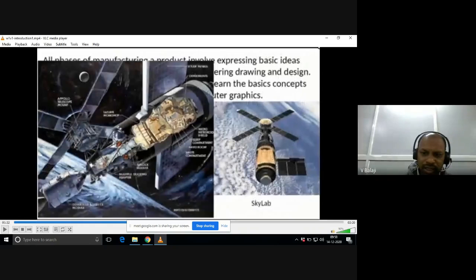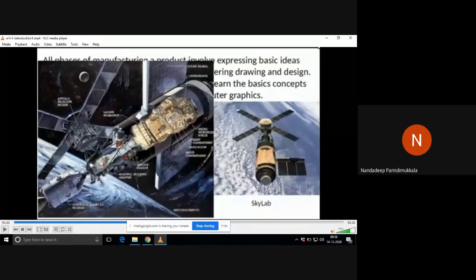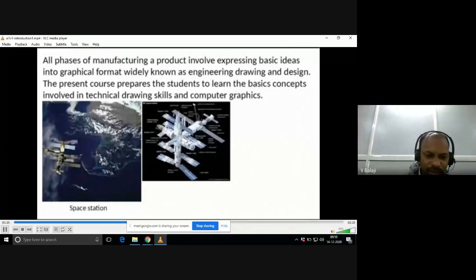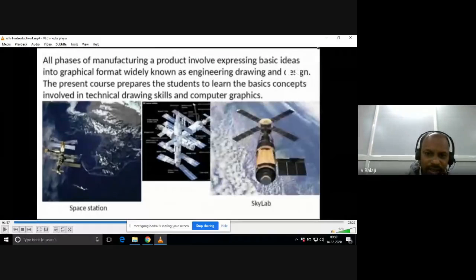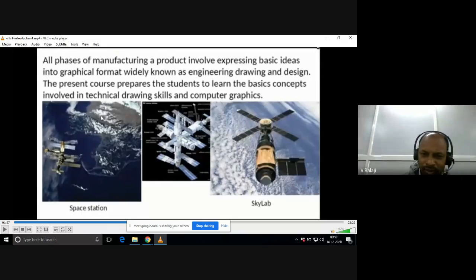Now can you see the Skylab picture here? Yes, sir. What is Skylab? Space station, Skylab. I don't want to discuss all those things because you are familiar with them.